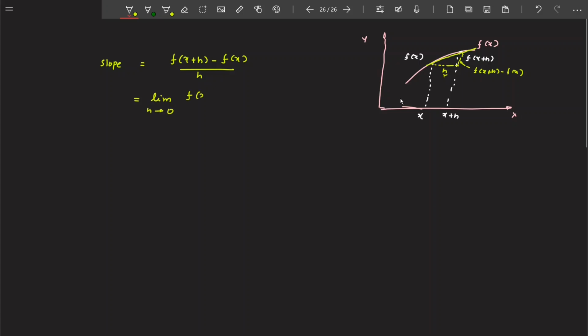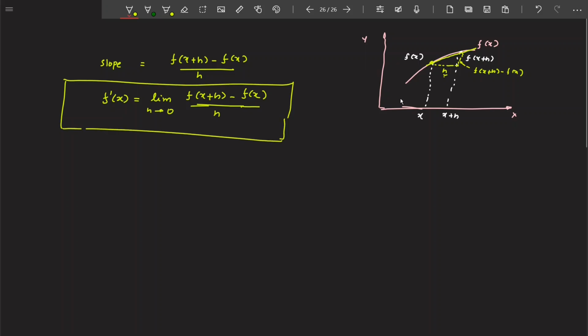So if you do this, you are going to get the slope of a curve at a point, where h tends to 0, and this is known as your derivative. So what is derivative? Derivative is the slope of a curve at a point.